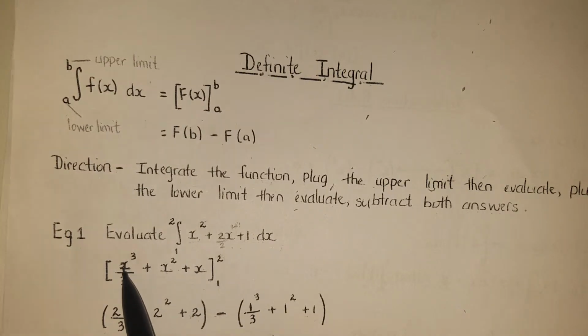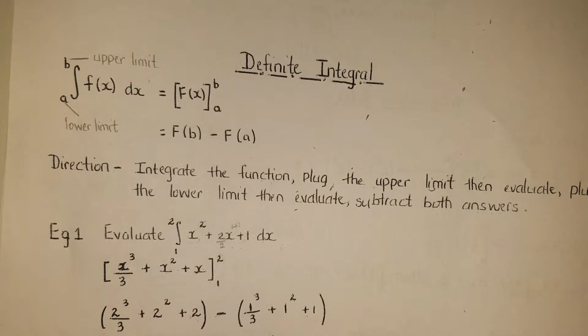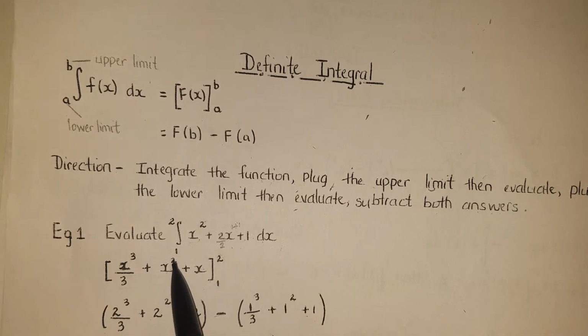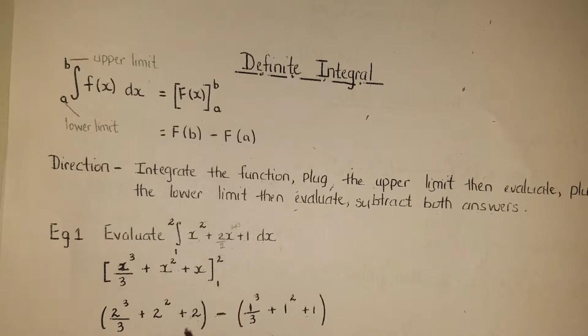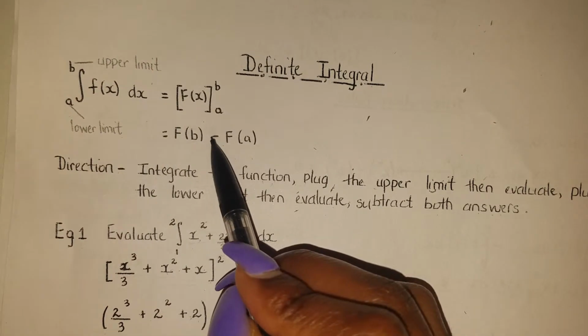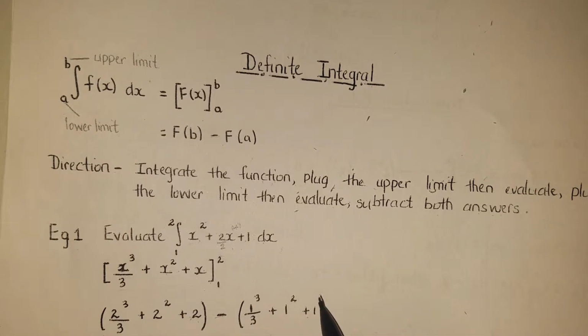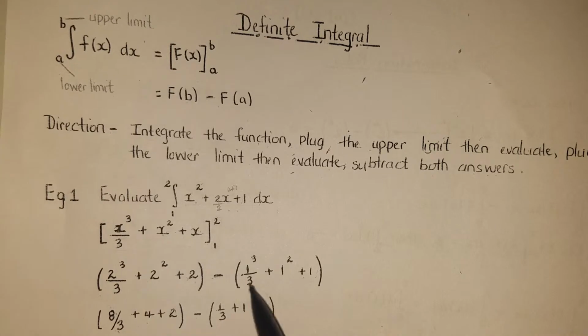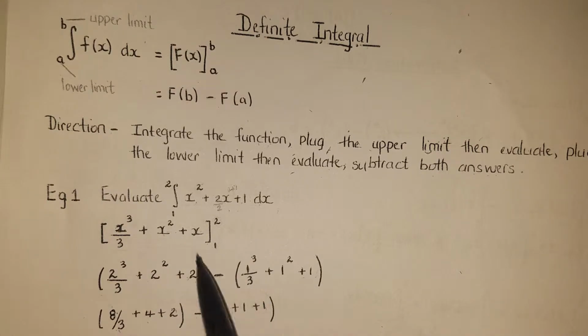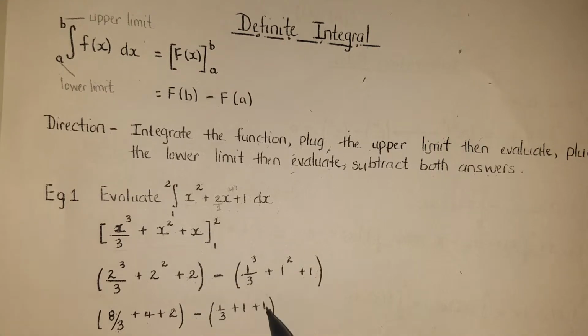So we'll have 2 cubed over 3, which is 8 over 3, 2 squared, which is 4, and our plus 2 comes here. Now, minus sign, the second bracket, you're going to now plug the lower limit. So we have 1 cubed over 3, which is 1 over 3, 1 squared, which is 1, plus 1 goes here.